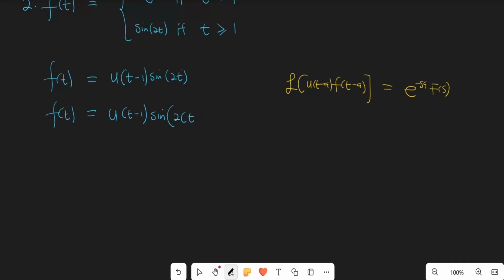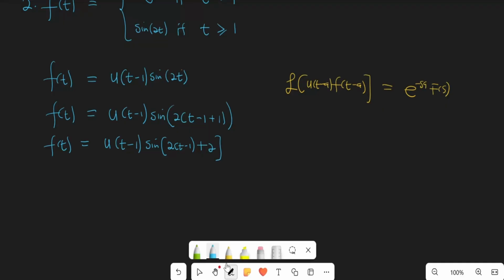I'm going to shift it by 1, but I can't just subtract 1, I have to nullify the effect by adding 1. So f of t is equal to u of t minus 1, and then I'm going to have sine. Let's group this into 2 now: 2 into (t minus 1) plus 2.